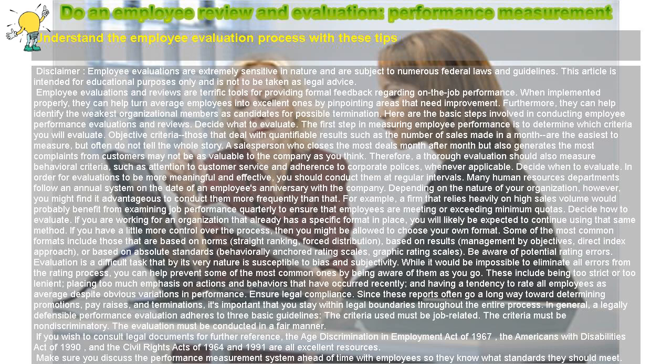These include being too strict or too lenient, placing too much emphasis on actions and behaviors that have occurred recently, and having a tendency to rate all employees as average despite obvious variations in performance.